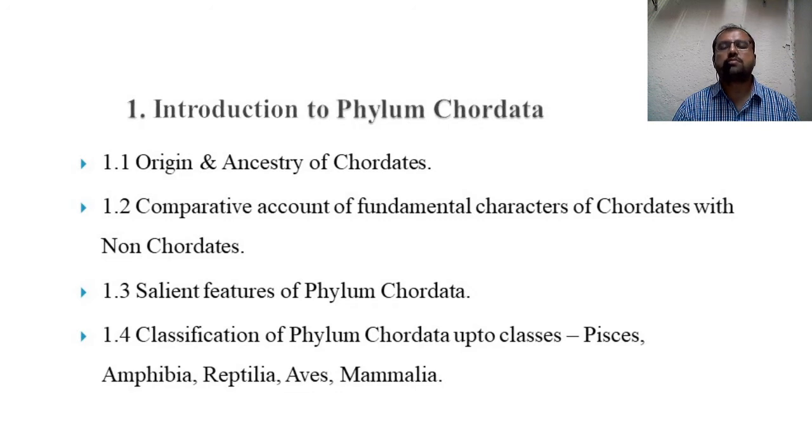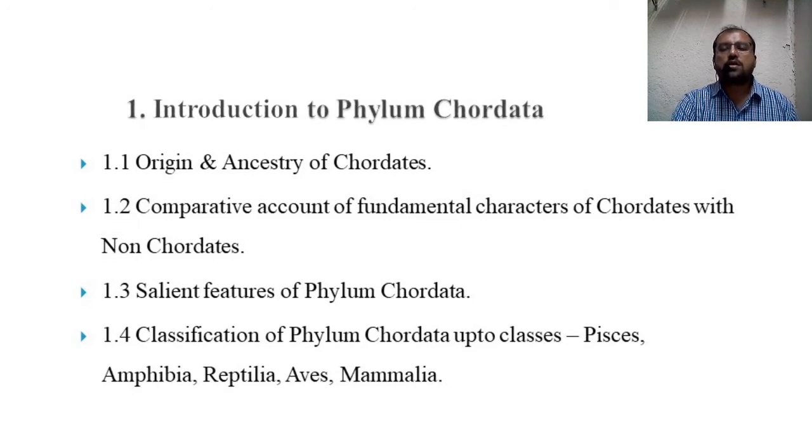The second subtopic is comparative account of fundamental characters of chordates with non-chordates. The third subtopic is salient features of phylum Chordata, and the fourth subtopic is classification of phylum Chordata up to classes: Pisces, Amphibia, Reptilia, Aves and Mammalia. So this classification we are going to deal with under the fourth subtopic of Introduction to phylum Chordata, the first topic.